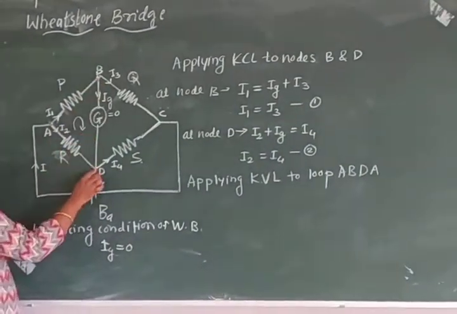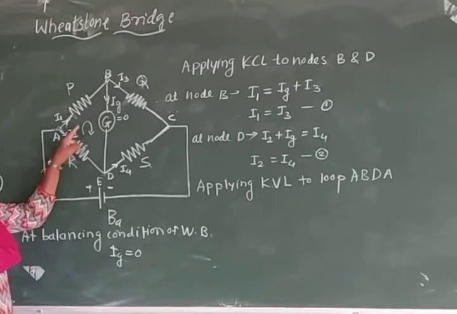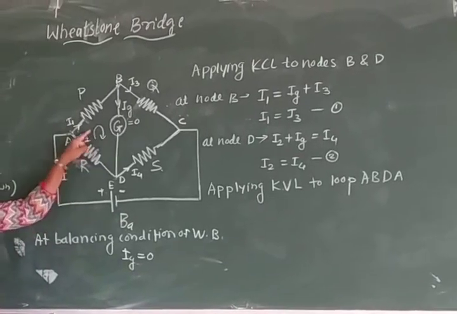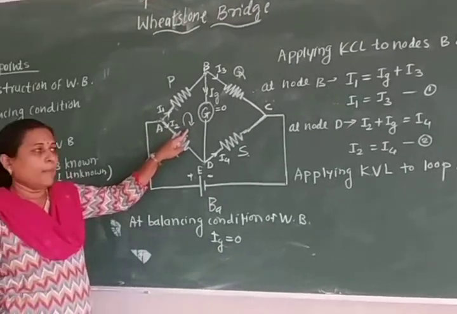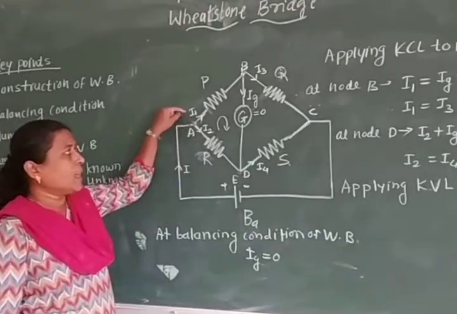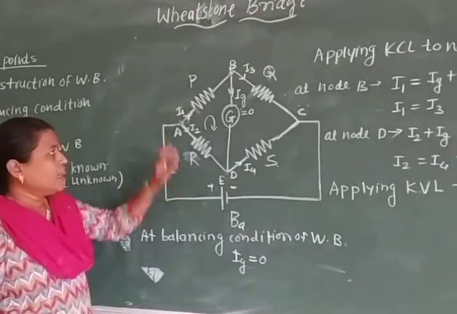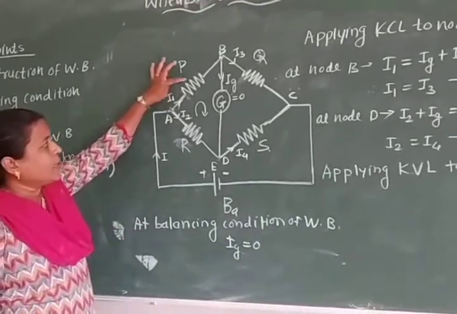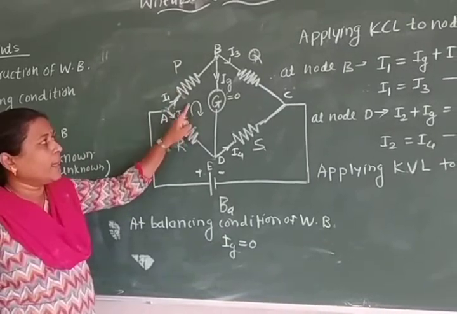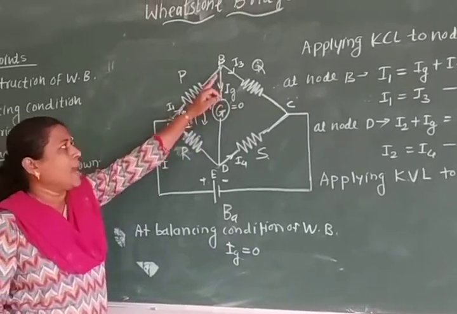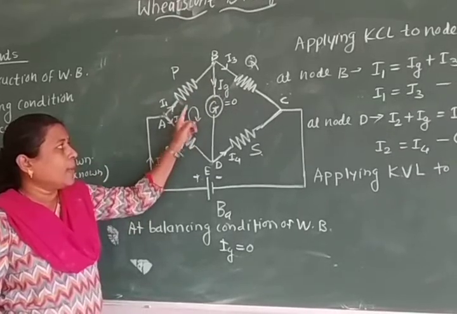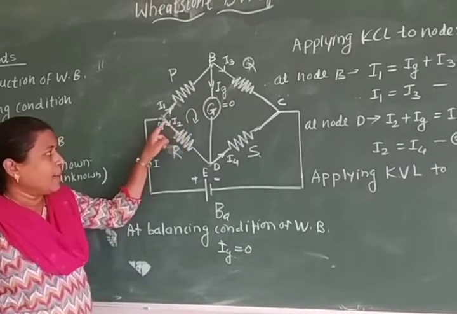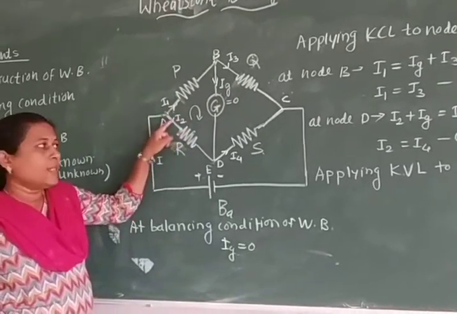A, B, D, A. In this loop, there is no EMF, it consists only of resistances and currents. Here I1 is the current flowing in the direction of traverse. Ig is also flowing in the direction of traverse. But I2 is in the opposite direction.